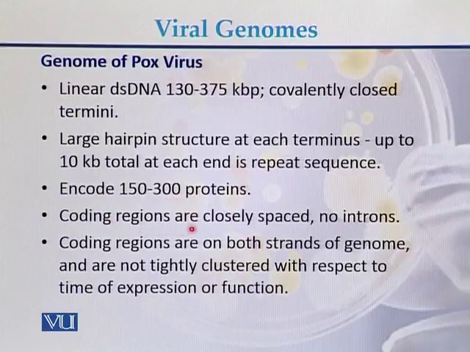Coding regions are closely placed in the genome of pox virus, meaning there are no introns, and the coding regions are on both strands of the genome because the genome of the pox virus is double-stranded, so the genes are present on both strands of the genome.